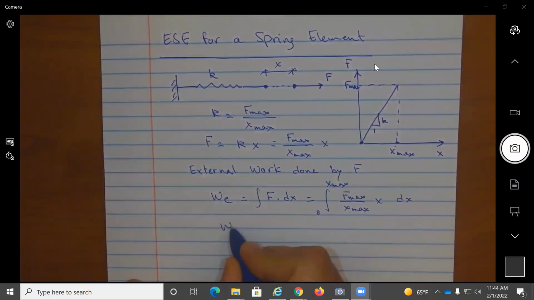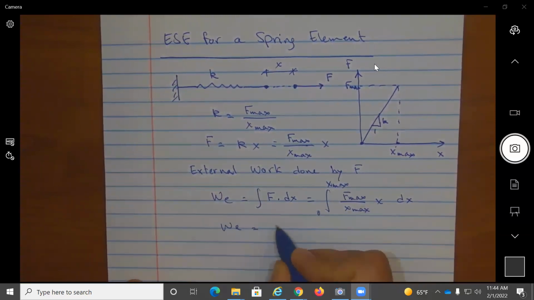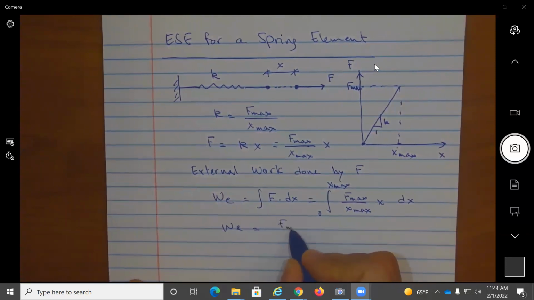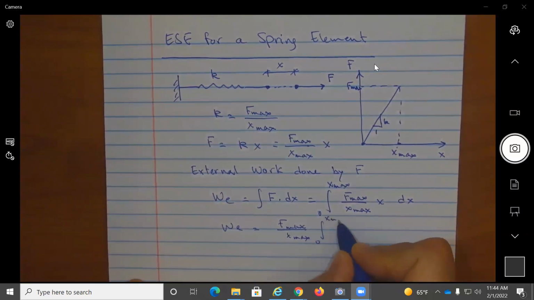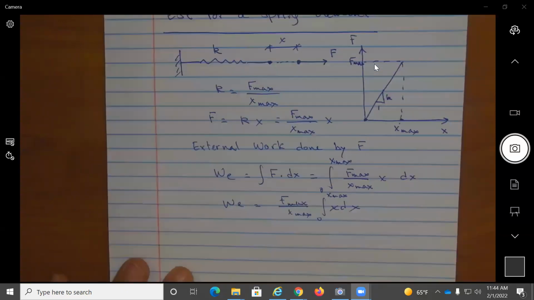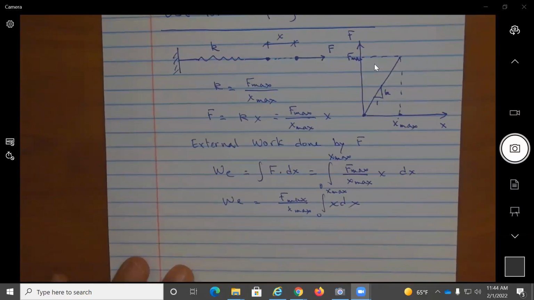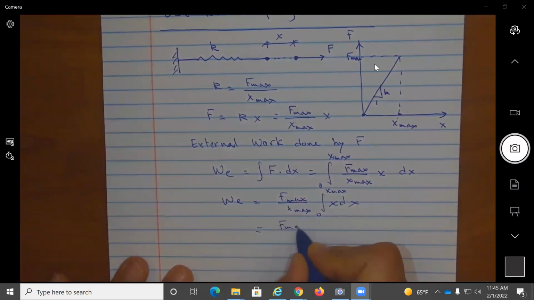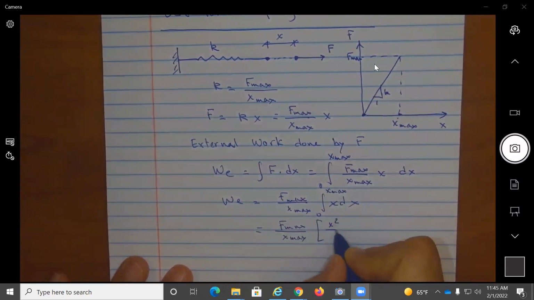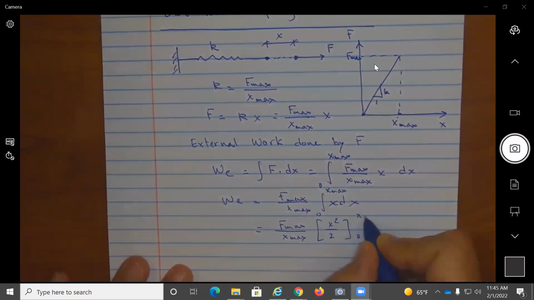I can take the constants outside and say WE is equal to F max over X max, the integral from 0 to X max of X dx, which is equal to F max over X max, X squared over 2 from 0 to X max.